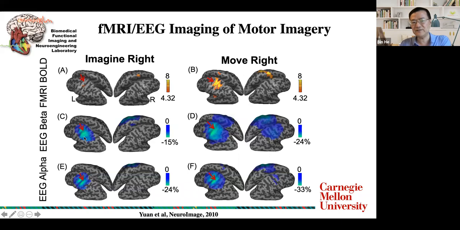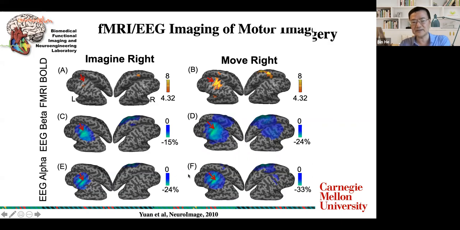Now, what is the difference? While the contralateral BOLD elevation accompanies both movement and imagined movement of the right hand, the beta rhythm EEG source imaging shows a decrease in EEG power, but co-localized with the fMRI. If we look at the alpha band, similar co-localization occurs, and it actually provides better localization compared with the beta rhythm.